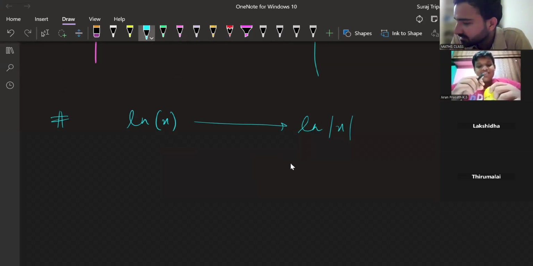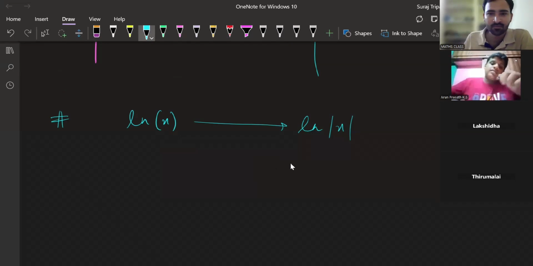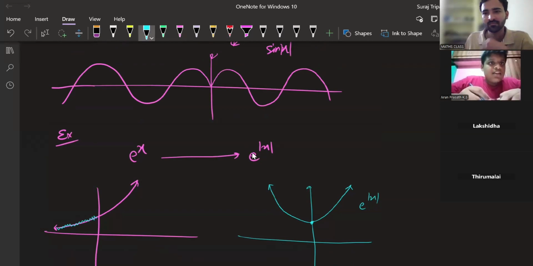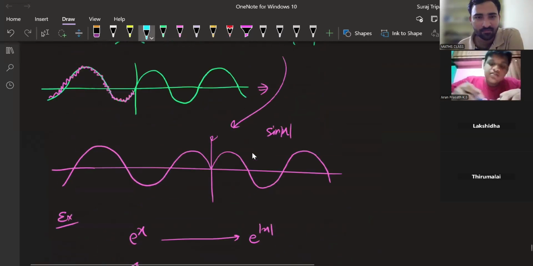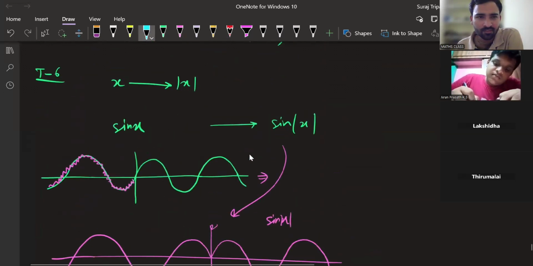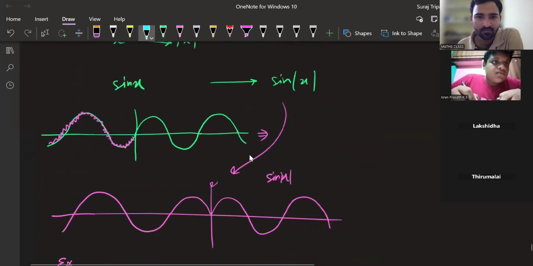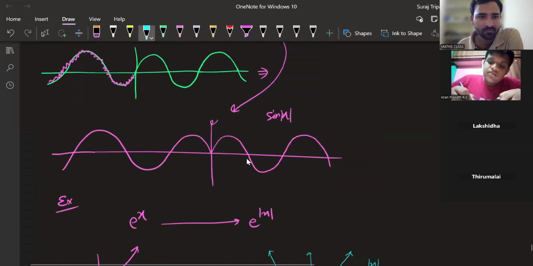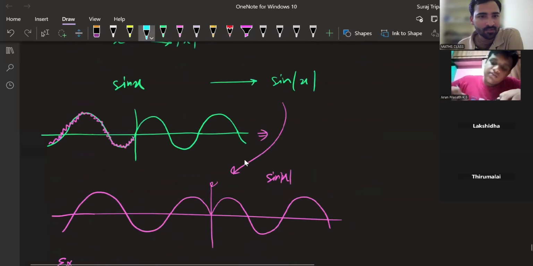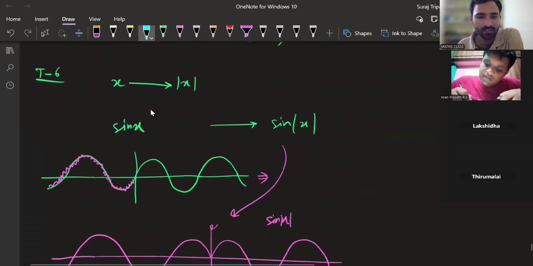Sir, can you please show me transformation 7, sir? Like 1 minute, scroll up and down, sir. Just a minute. This is an example of transformation 6, sir. So where is transformation 7? No, transformation 7 I haven't started. This is transformation 6. After 6 I will start 7.